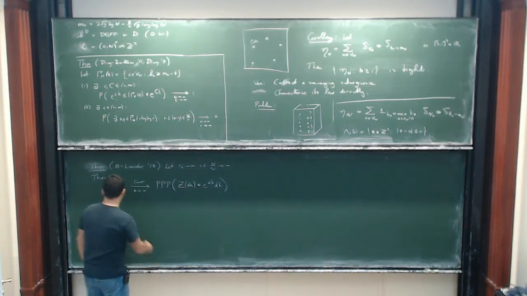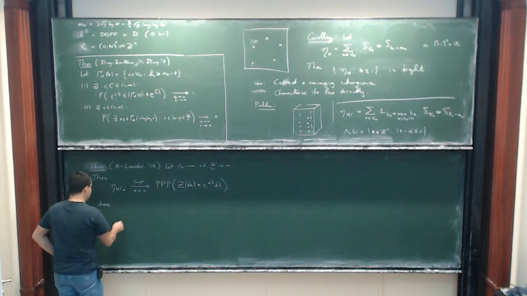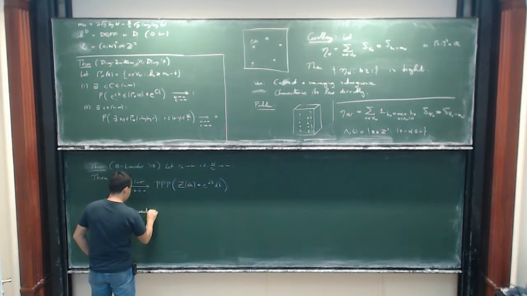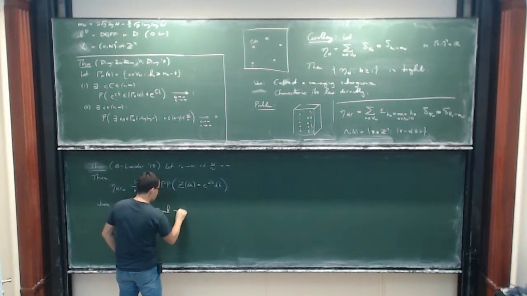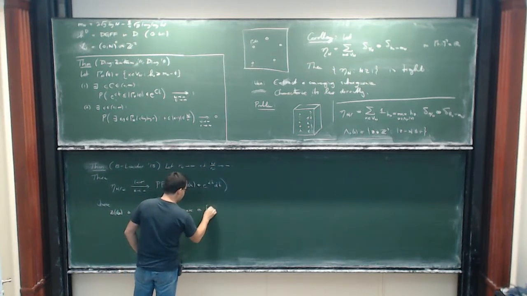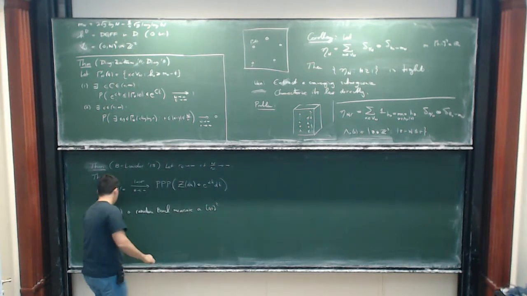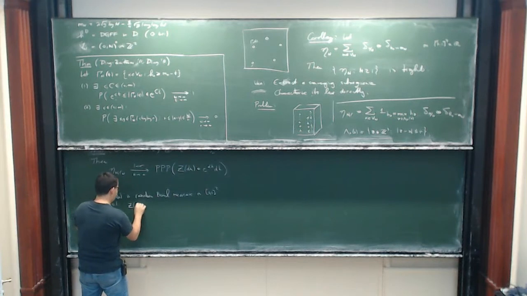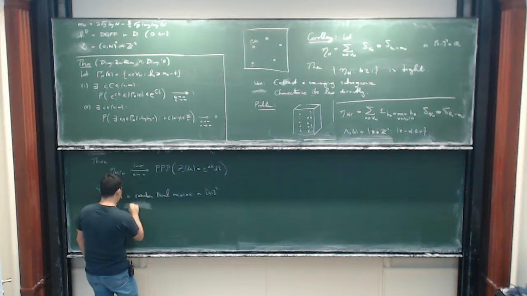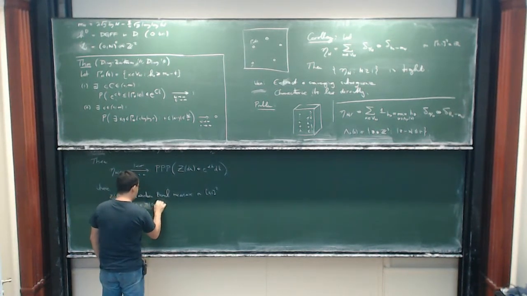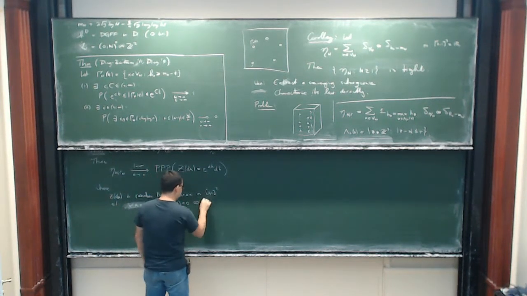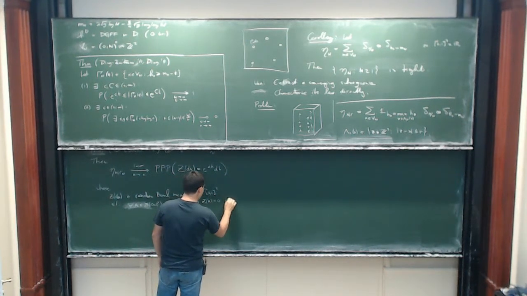That's the statement. Where Z(dx) is a random Borel measure on the unit square, such that for every Borel set A in the unit square with Lebesgue measure of A equal to 0, Z(A) is 0 almost surely.